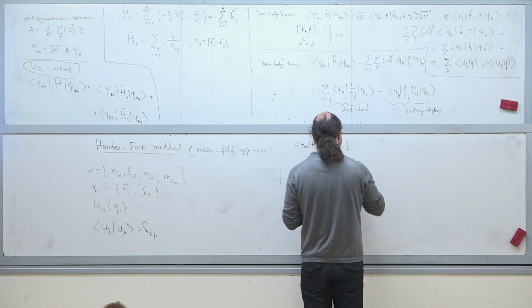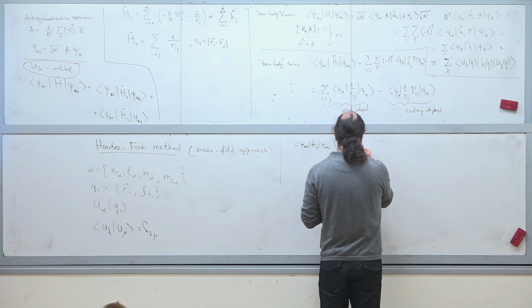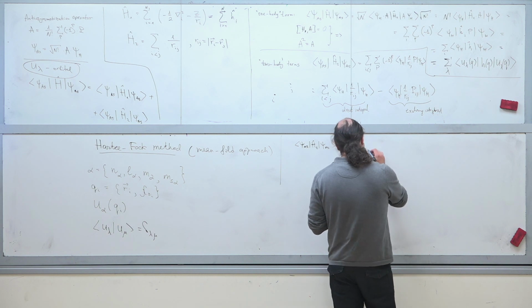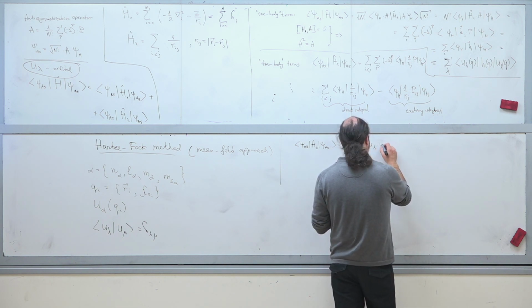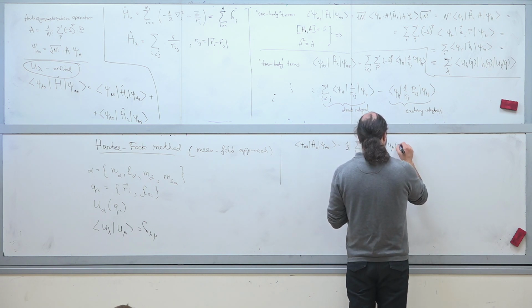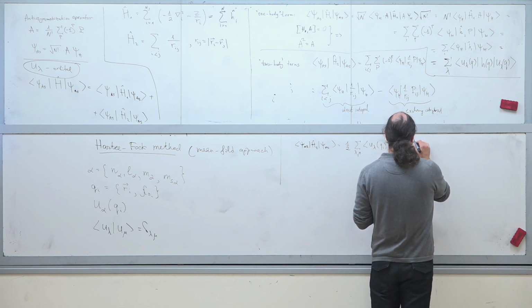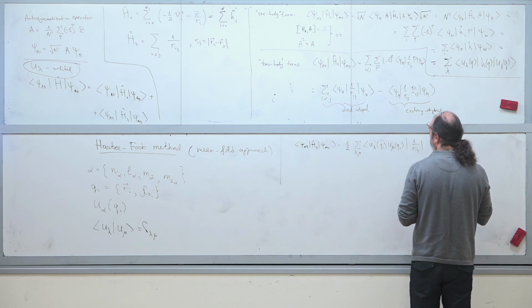1/2 of the sum over lambda mu orbitals of u lambda multiplied by u lambda of ui, u mu of uj, and 1 divided by rij, this is the operator that closes them.